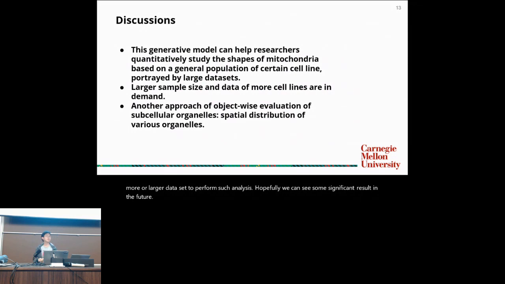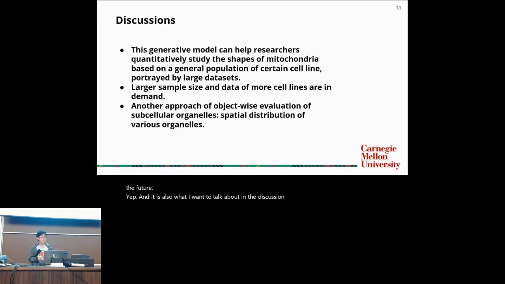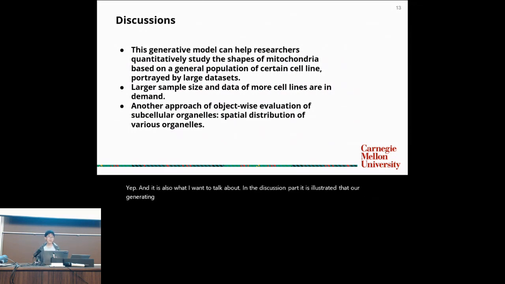That is also what I want to talk about in the discussion part. It illustrates that our generative model can help researchers perform quantitative study of the shape of individual mitochondria based on a general population of certain cell lines.